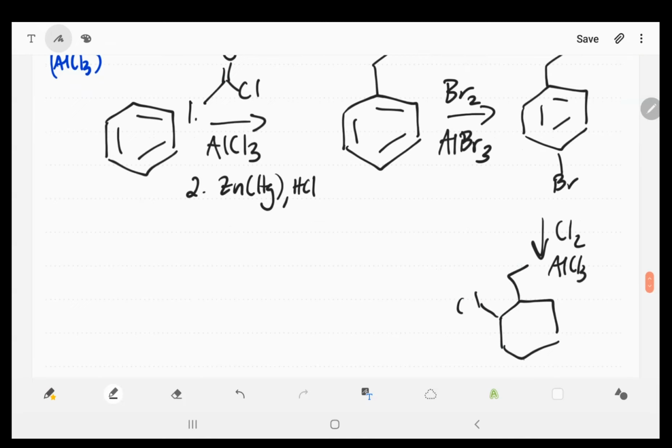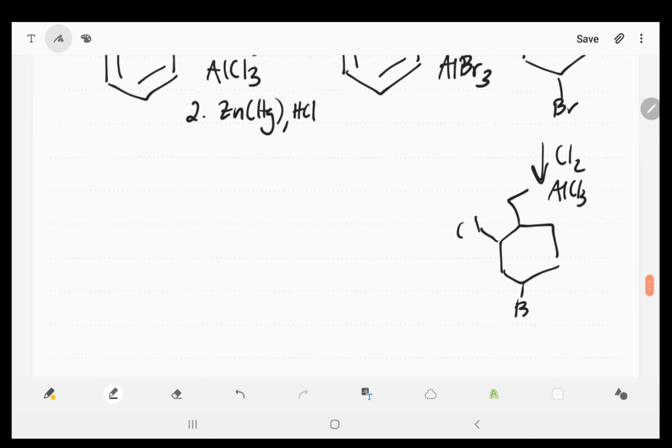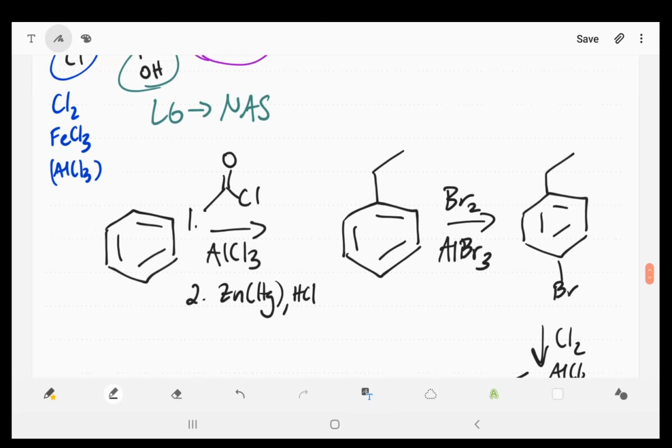Here's our chlorine. Why'd the chlorine go there? Neither of these are meta-directors. Ethyl group, bromine are both ortho-para-directors, right? But the stronger activating group is the ethyl group, so it's going to go ortho to the ethyl group, which is not where we want it, right?